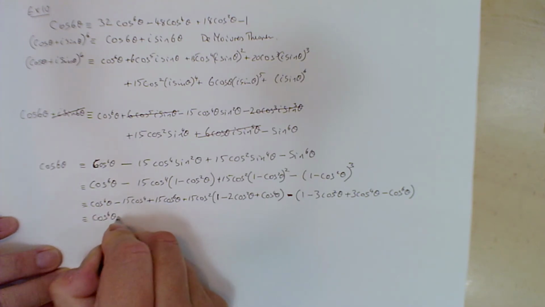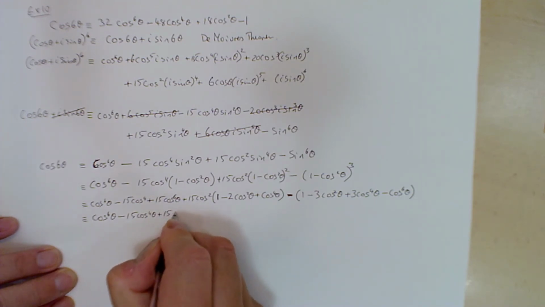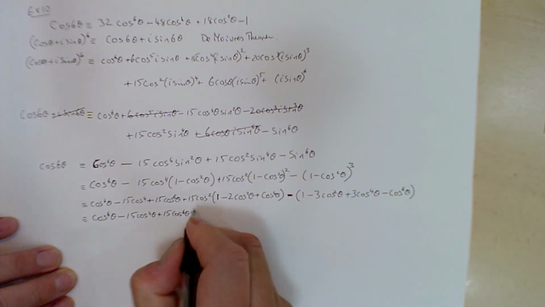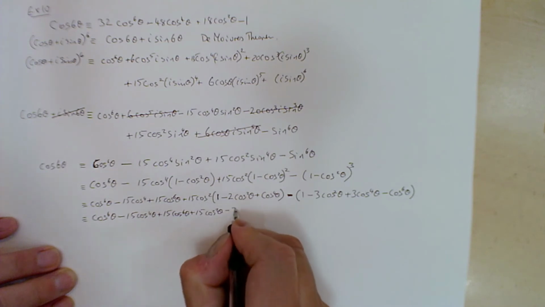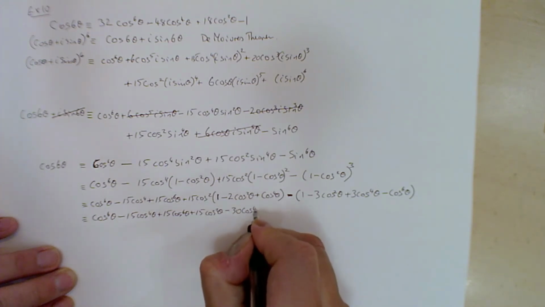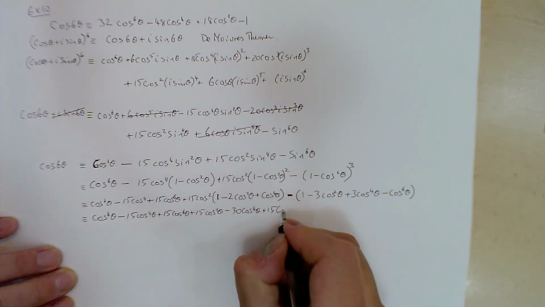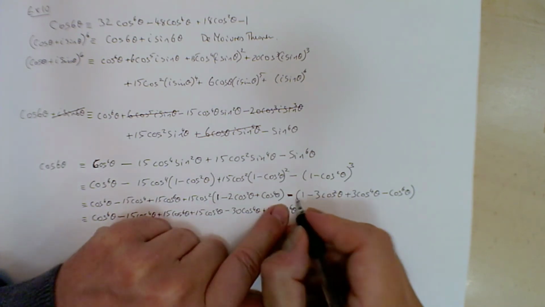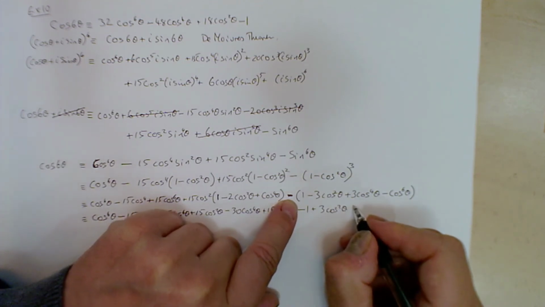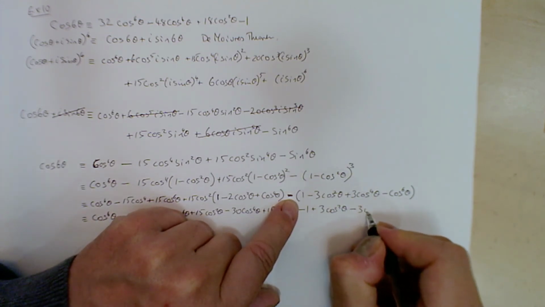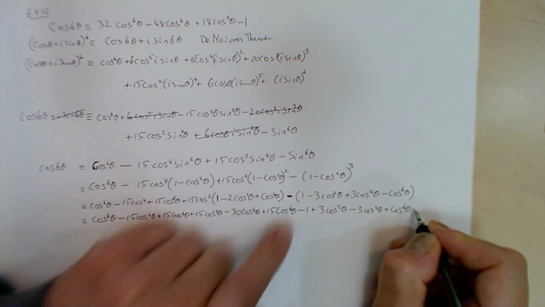Cos to the power of 6 theta minus 15 cos to the power of 4 theta plus 15 cos to the power of 6 theta plus 15 cos squared theta minus 30 cos to the power of 4 theta plus 15 cos to the power of 6 theta minus 1 plus 3 cos squared theta minus 3 cos to the 4th theta plus cos to the power of 6 theta.